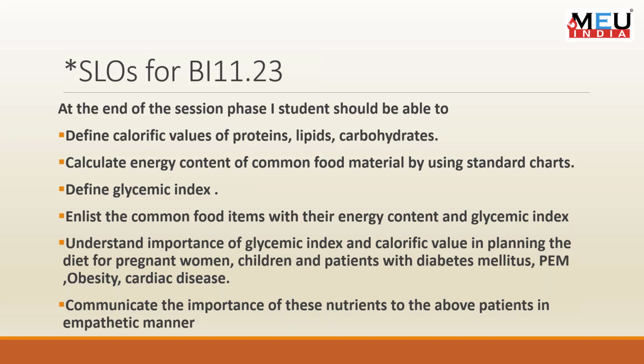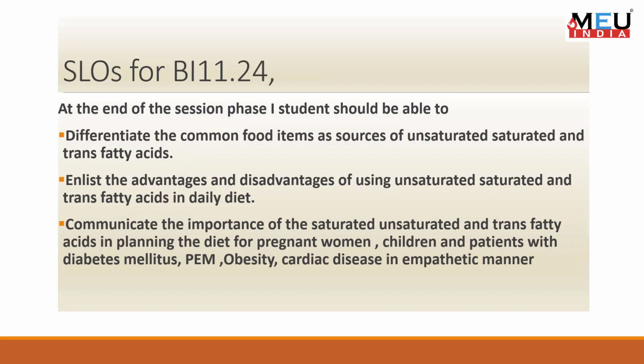Then we can add an ETCOM also in this: communicate the importance of these nutrients to the above patients in an empathetic manner. Then for SLOs 11.24, at the end of the session, phase 1 students should be able to differentiate the common food items as sources of unsaturated, saturated, and trans fatty acids.